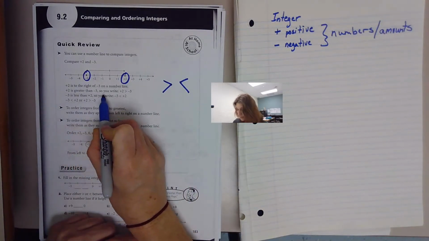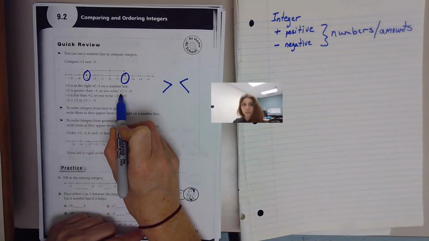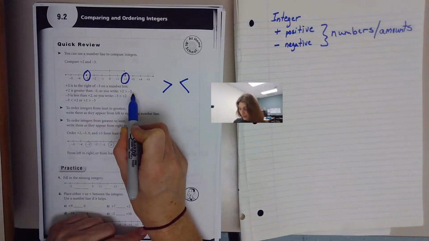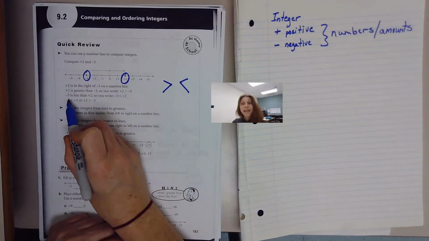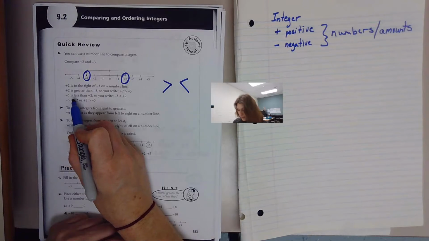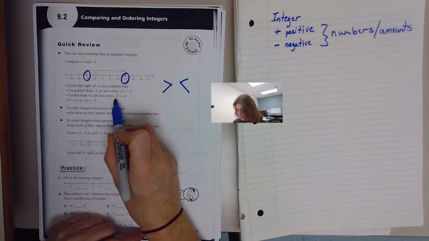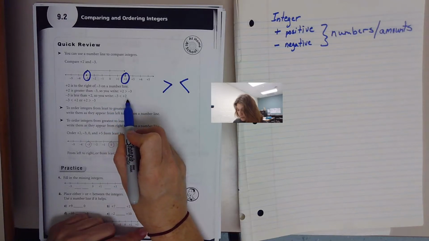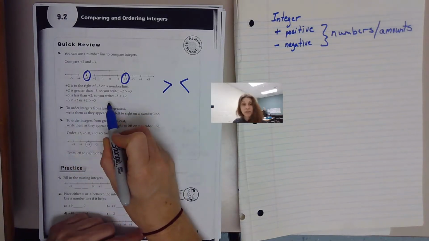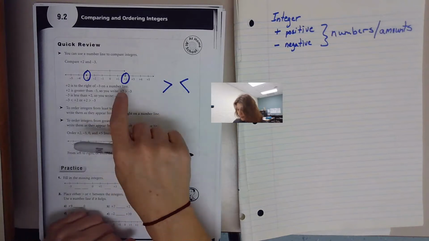Positive 2 is greater than negative 3, so you write positive 2 is greater than negative 3. Negative 3 is less than positive 2. So you write negative 3 is less than positive 2. So either one of these is correct. Now let's look back at this.